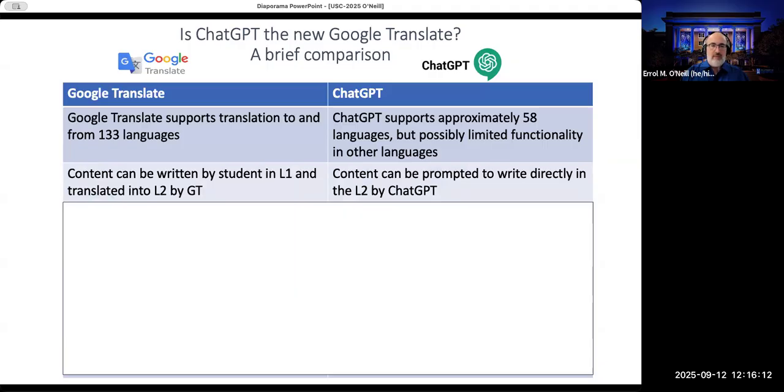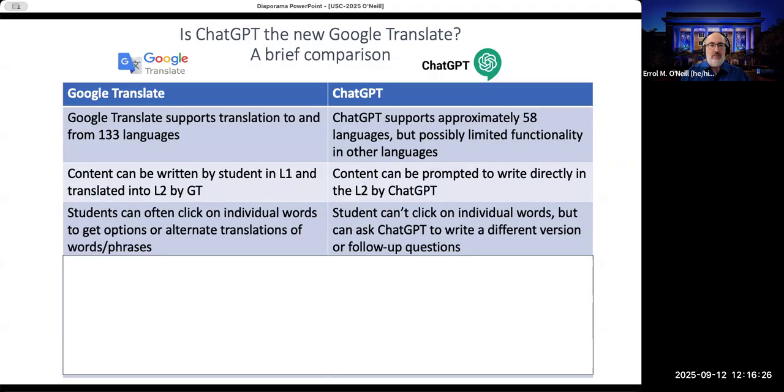With Google Translate, content can be written by the student in their native language and then translated into the L2 by Google Translate. With ChatGPT, the chatbot can also just create an entirely new text in the target language for them. With a translator, students can click on individual words to get options or alternate translations.